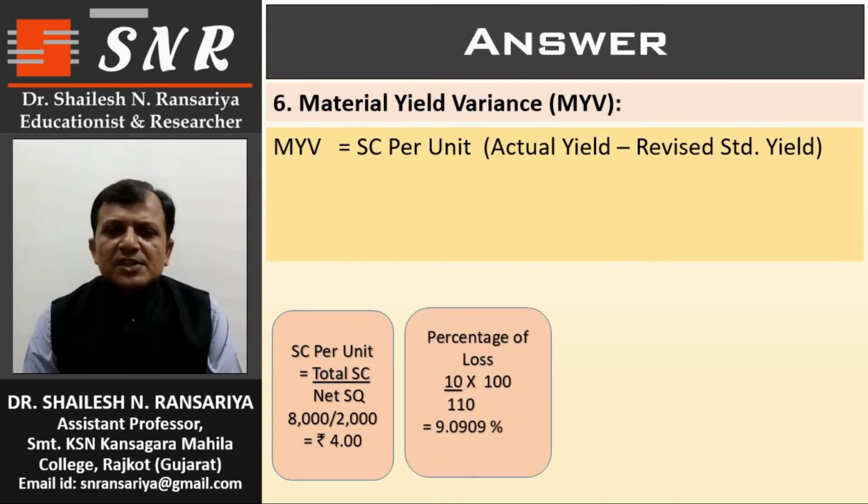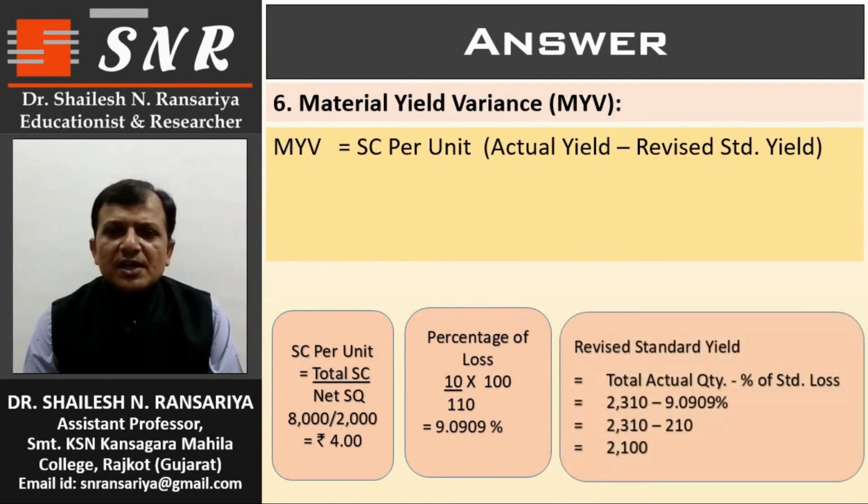Now the percentage of standard loss. Here the loss is given as 10 and it is for 110 kilograms. So 10 divided by 110 multiply 100. So the percentage is 9.0909. Now revised standard yield RSY is equal to total actual quantity minus the percentage of standard loss.